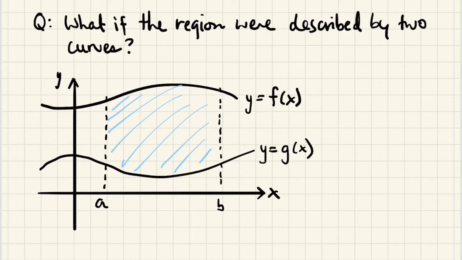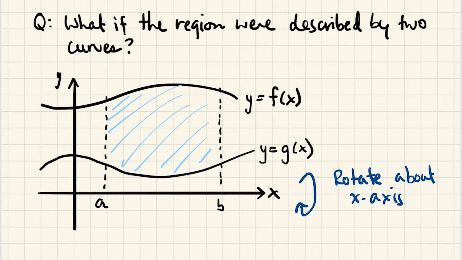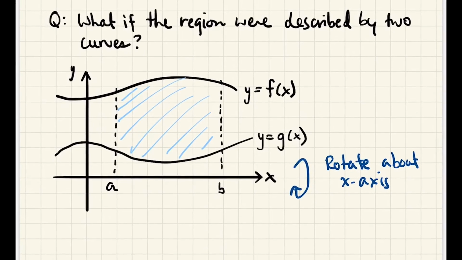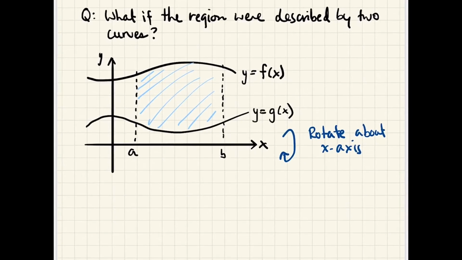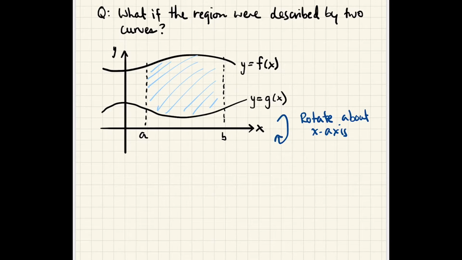What we're doing here is we are rotating, say, about the x-axis. And that would produce a very interesting solid with kind of a hole in the middle of it, right?